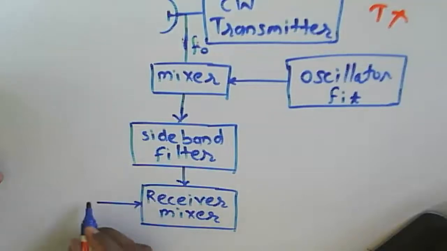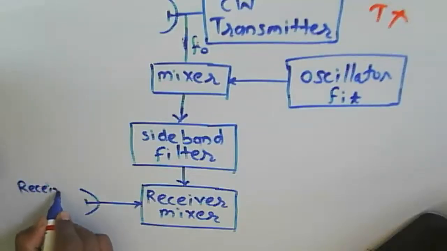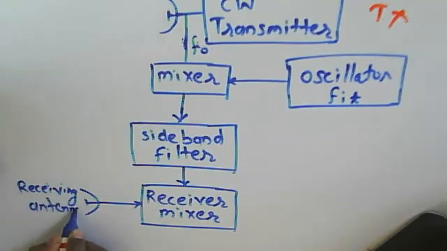At the receiver, we are getting the signal at this receiving antenna. We are getting the signal that is F2 plus F3 plus or minus FD here.